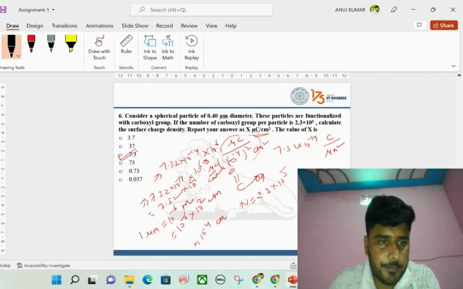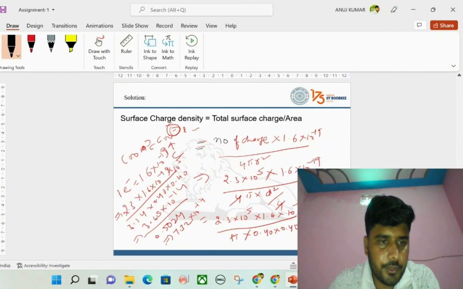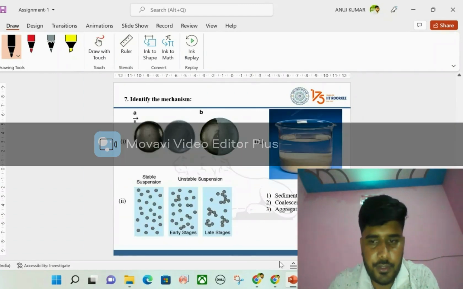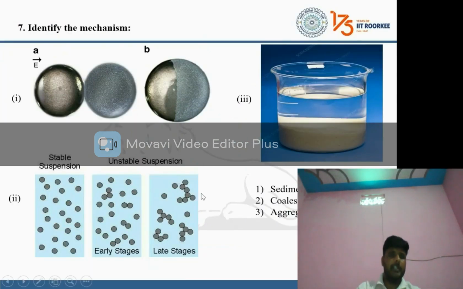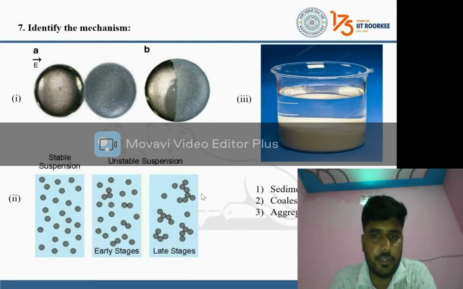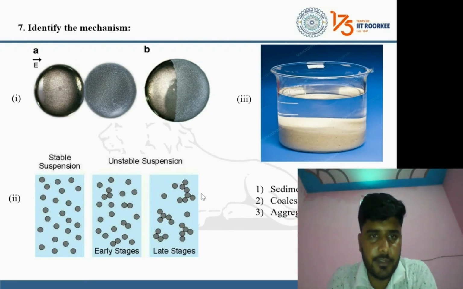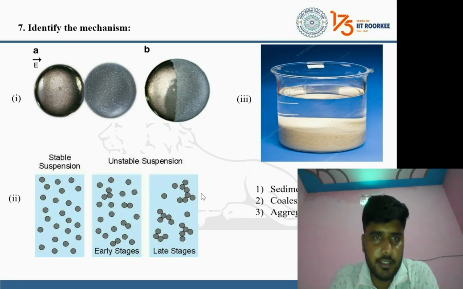So the next question and the last question for discussion is that you have to identify the mechanisms. There are three figures, first, second, and third. You have to correlate which figure is for which mechanism.